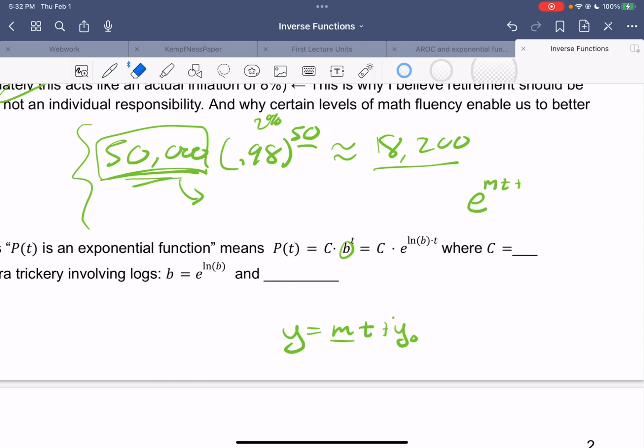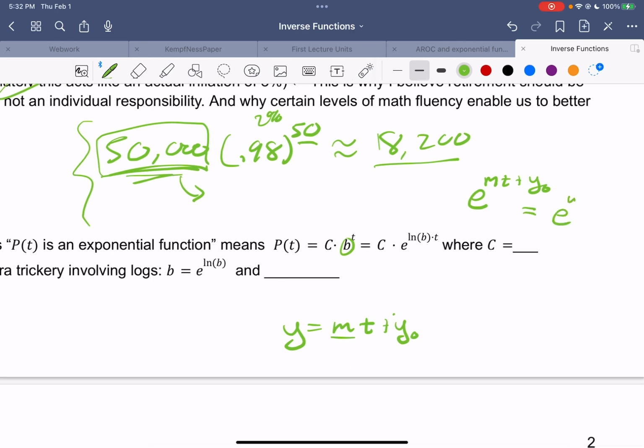Well, rules of exponents says this is equal to e to the y0 times e to the mt, and power to power, you can multiply the powers. This thing is just some number, and if I call the thing in parentheses b, look at that, an exponential function is what happens if you put a line up inside of an exponent. But whatever, that's beside the point, just some cutesy algebra stuff.